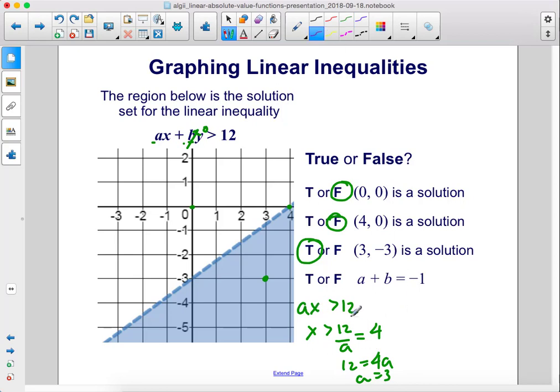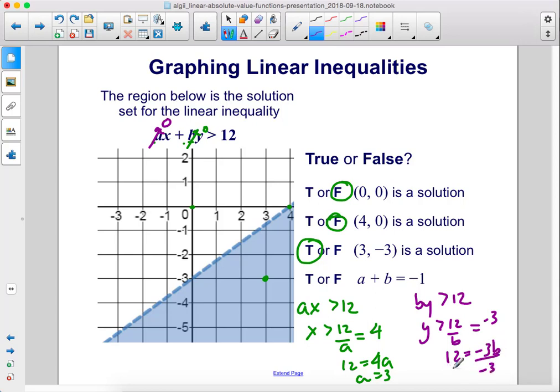Let's use the same idea to solve for the y-intercept. So that would be by is greater than 12 because we've set x equal to 0. And in this case, we have y is greater than 12 over b. We know that that point is -3. So we'll solve for b. 12 equals -3b.